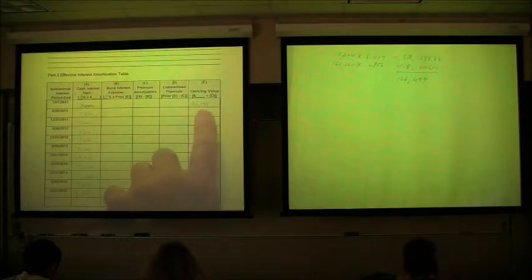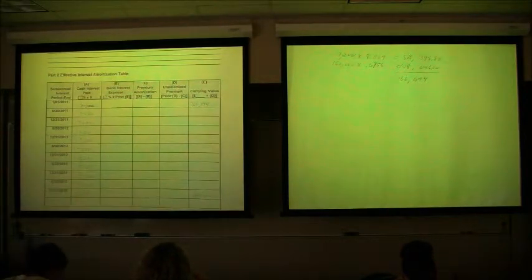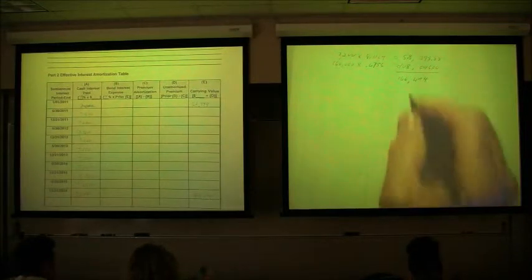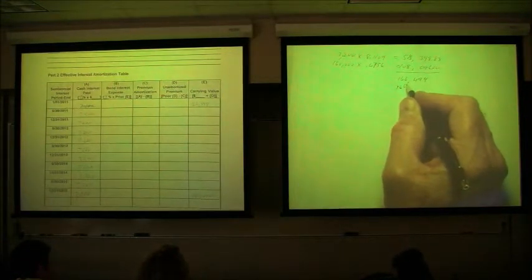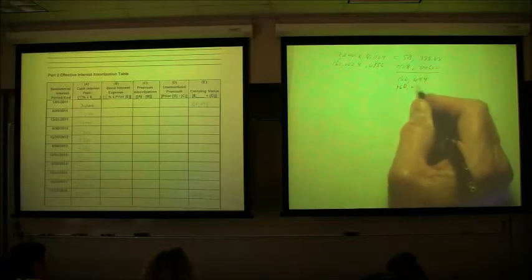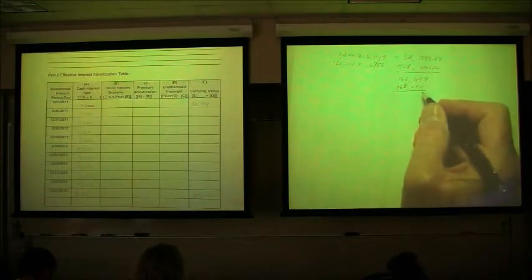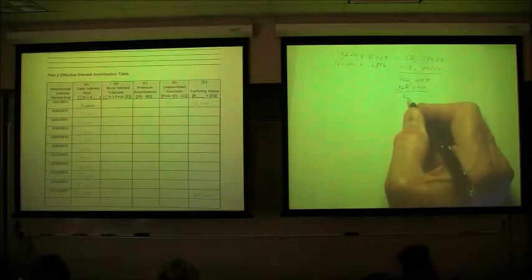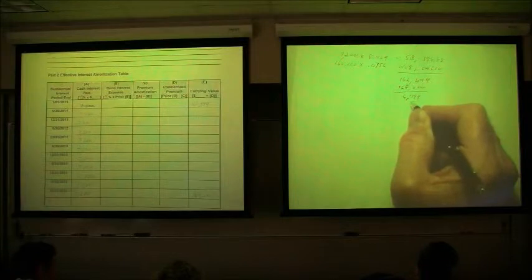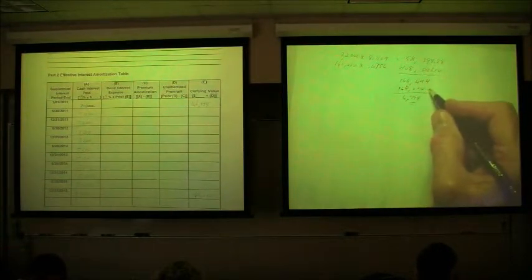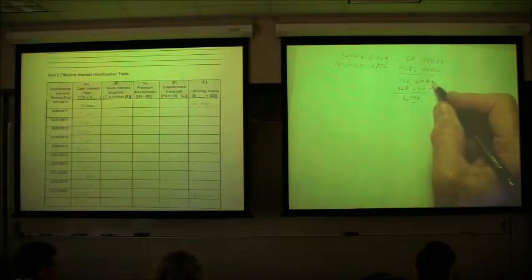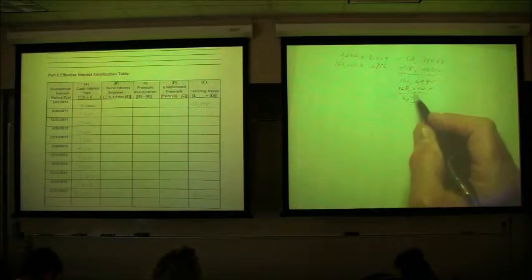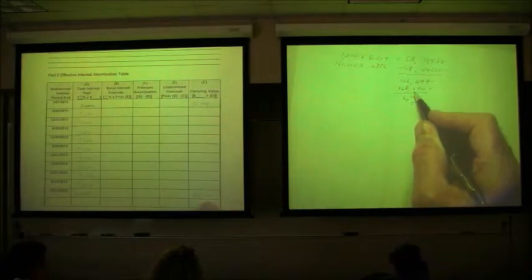And so if I sell it for this, what it means is the difference between the 160,000, which is the face value, and the 166,494. Here's how much I'm actually going to be paid. I'm going to pay back 160,000 at the end.